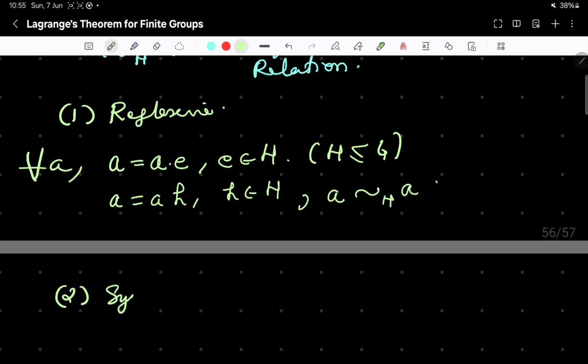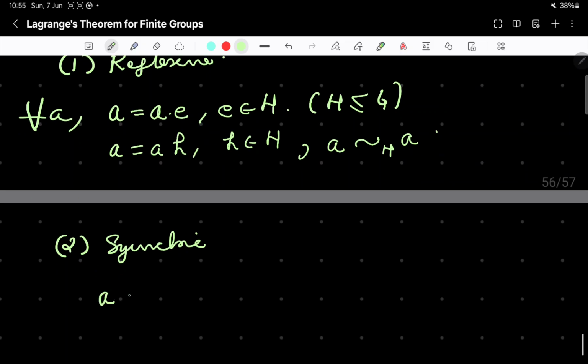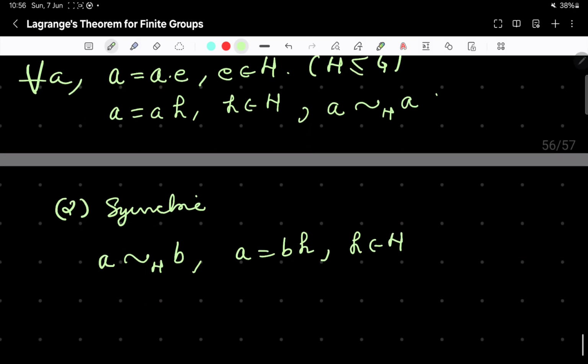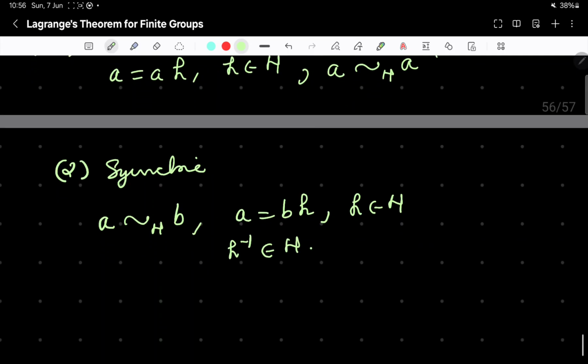Now symmetric. Symmetric means you have a related to b, that means a is equal to bh for h belonging to H. Now you know that because h is in H, h inverse is in H, right? Then you multiply the right side by h inverse.